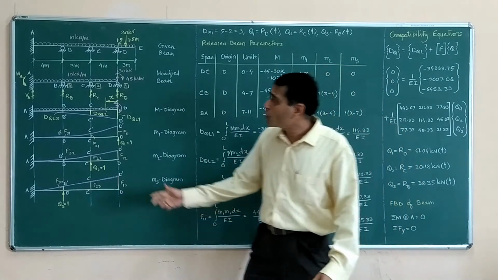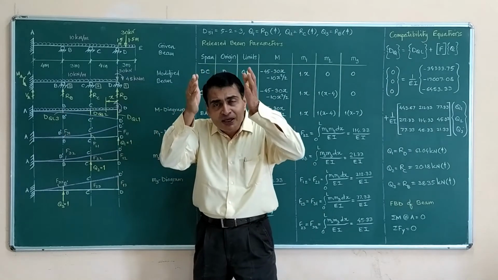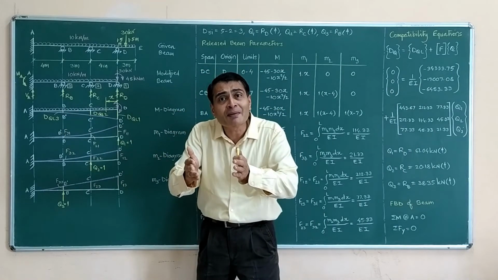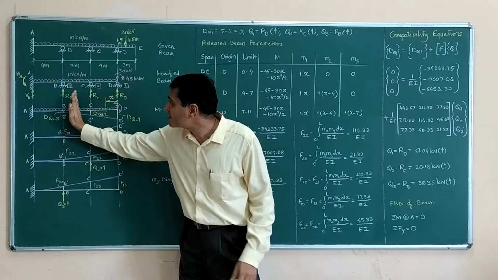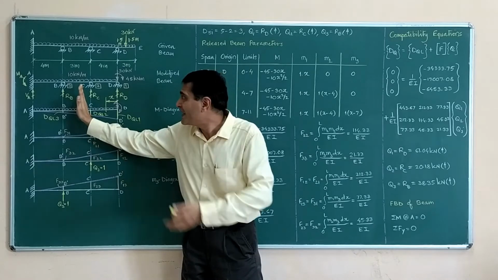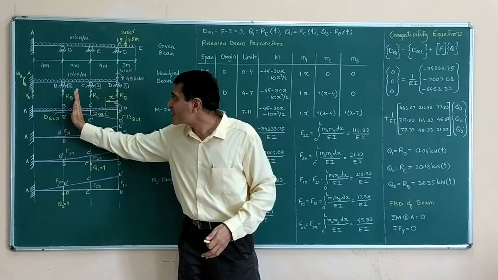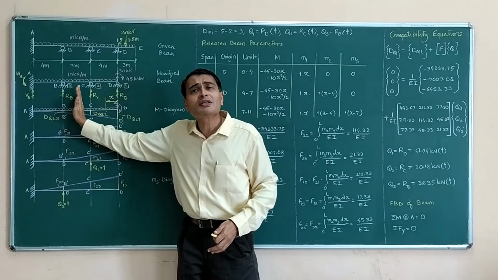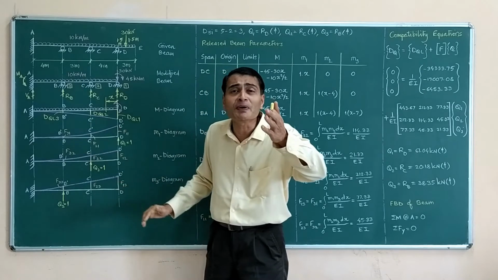Now, when I think of section CB, I am continuing my discussion on M, capital M, bending moment. When I consider the section to be in span CB, the x value will be that much more, obviously. X will now vary between 4 and 7. So my section is here. You are observing that my bending moment expression will remain the same. Try it on your paper.